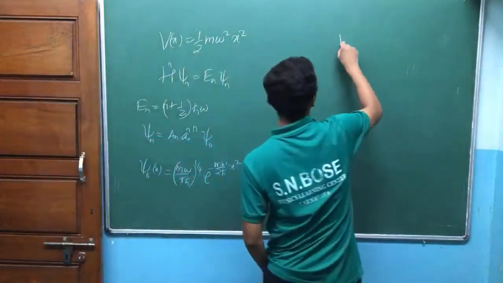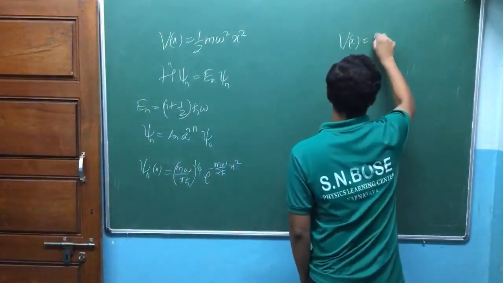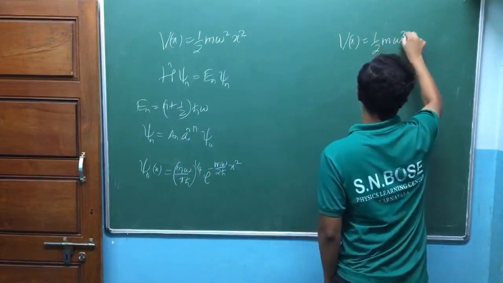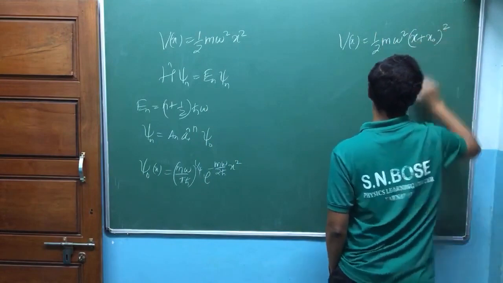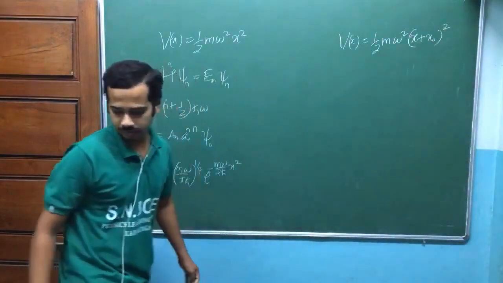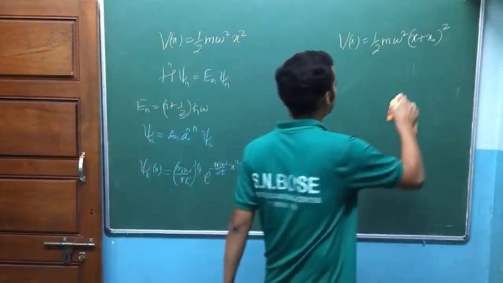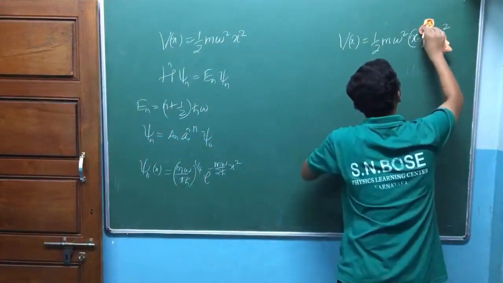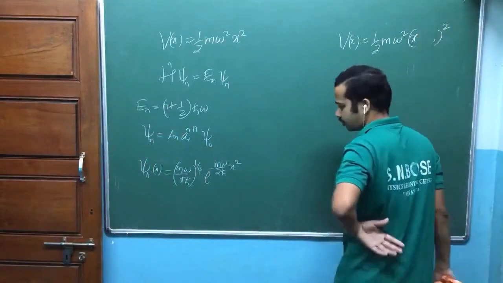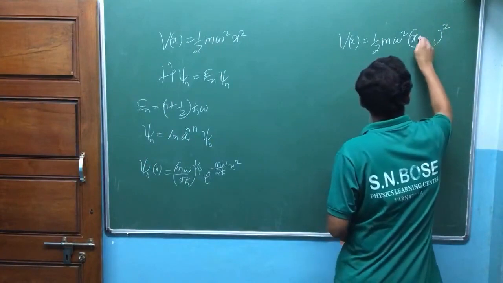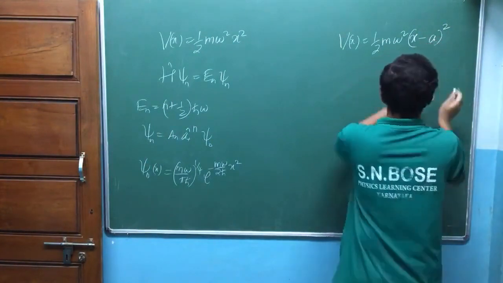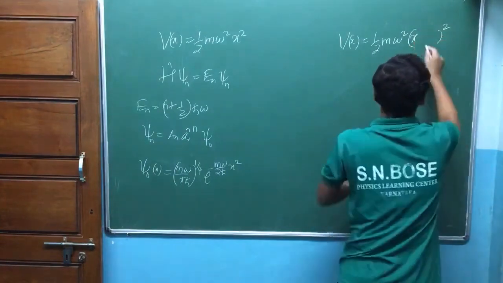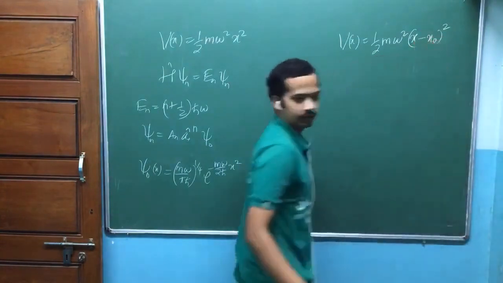Now let me take V of x equal to half m omega square (x plus x naught) the whole square, or (x plus a) the whole square, where a is positive. Or let me take it (x minus x naught) the whole square. Yeah, (x minus x naught) the whole square, okay?